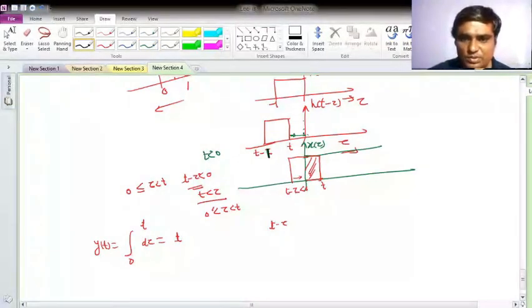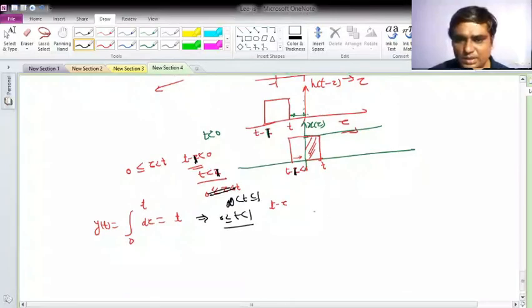So this will be t minus 1. Okay, that's why I wondered how tau came. So t minus 1 is less than 1, so t is less than 1. Means what? The overlapping area is t greater than 0 and less than 1. Okay, so this y of t will be from where to where? When t is between 0 to 1.